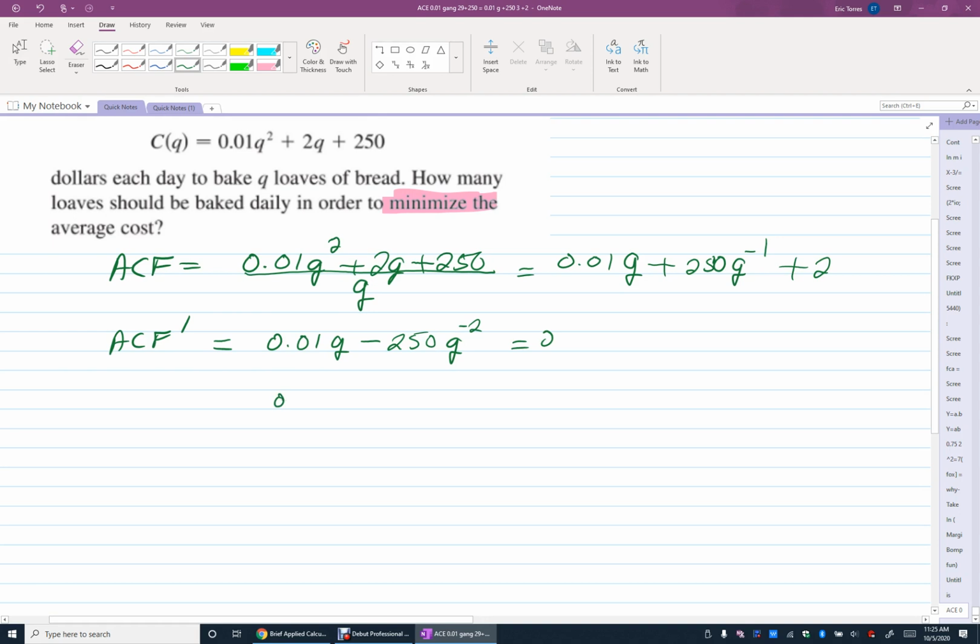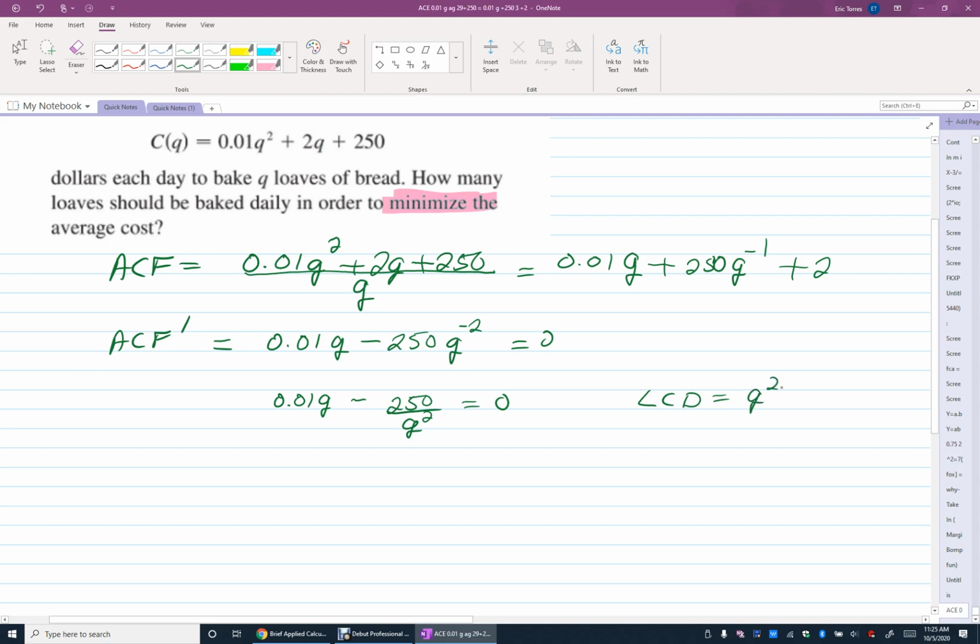First problem I have is fractions. I don't like dealing with fractions. I'm going to get rid of the fractions by finding the lowest common denominator, which we've done before. There's only one fraction.